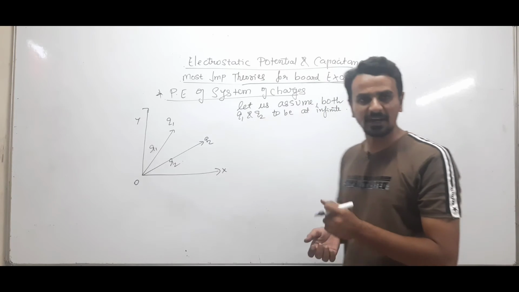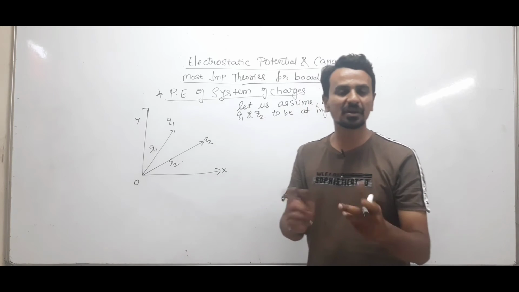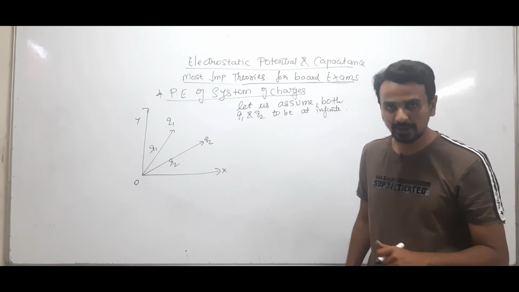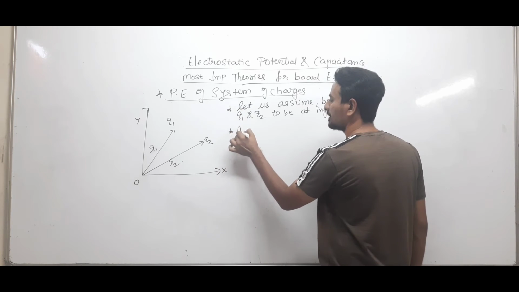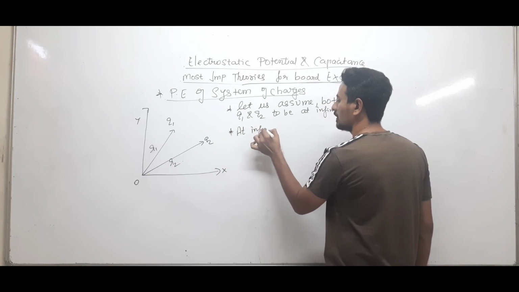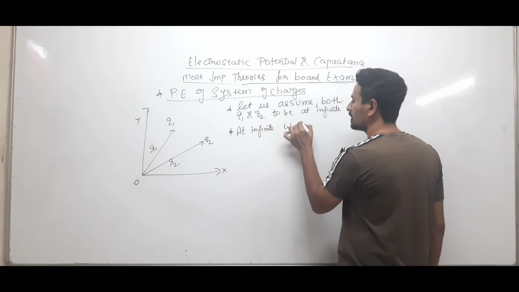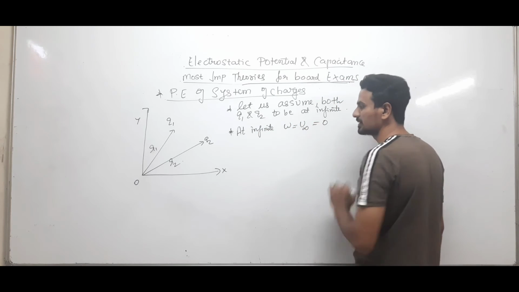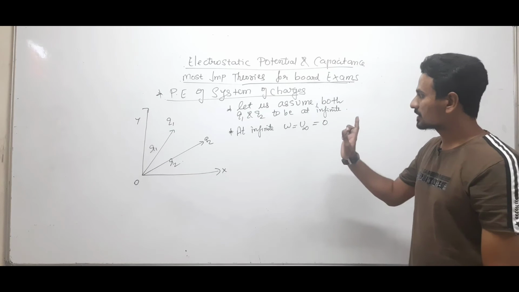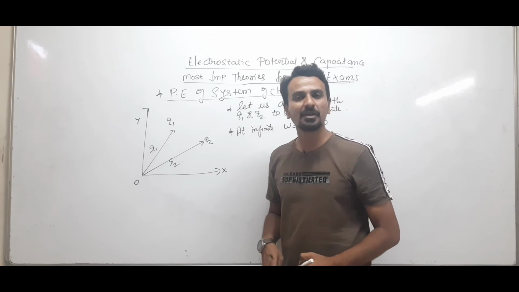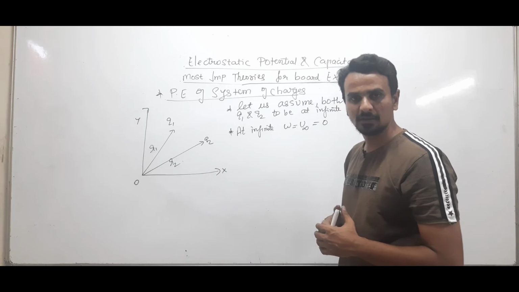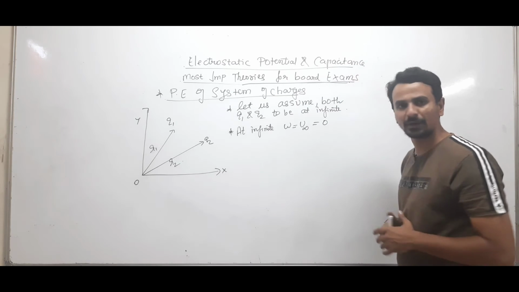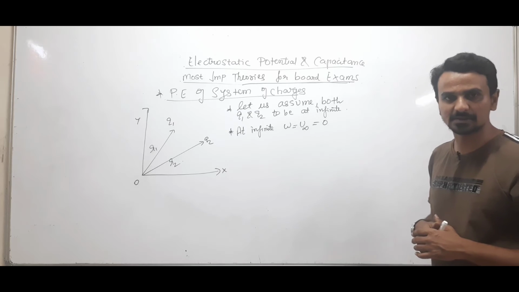There is no electric field at infinity, there is no potential, there is no potential energy. So at infinity, work done, which equals potential energy, is 0. That means suppose both the charges were initially placed at infinity with respect to each other, with respect to the origin. So potential energy is 0 at this infinite distance.